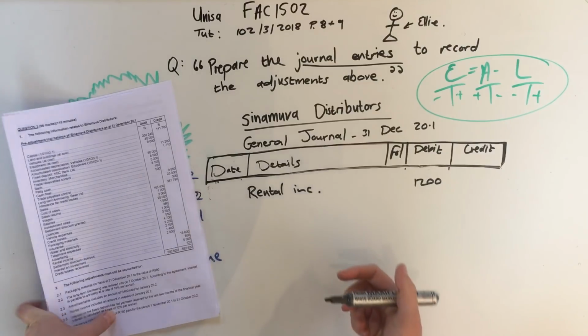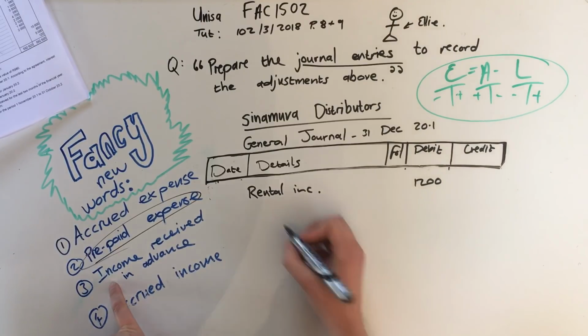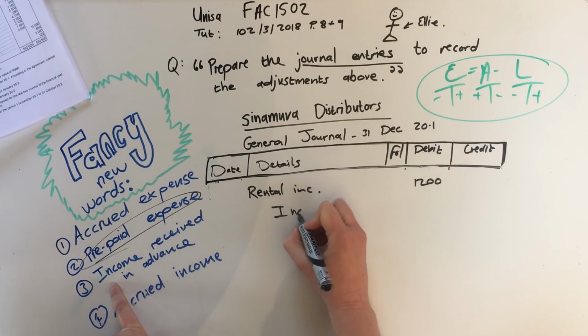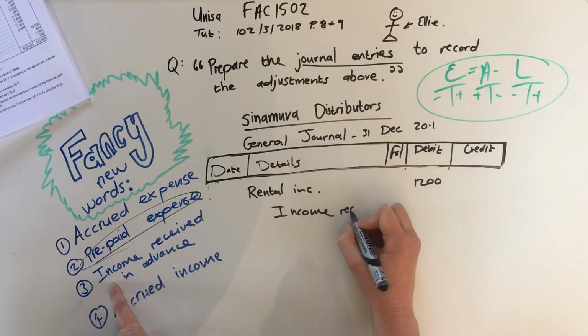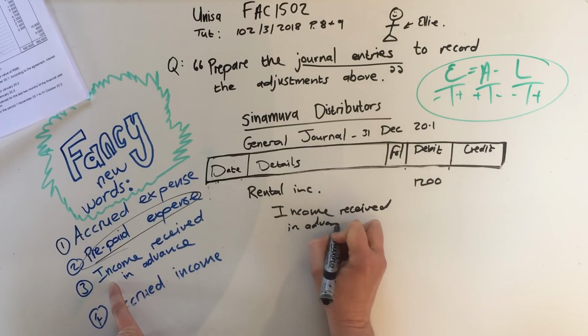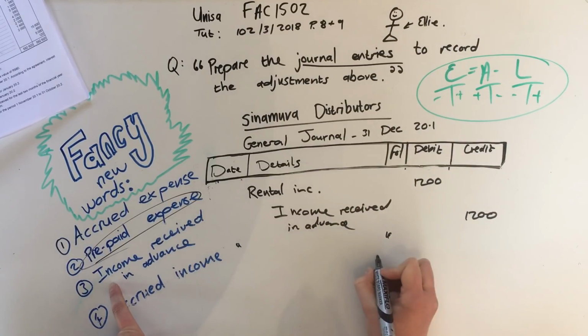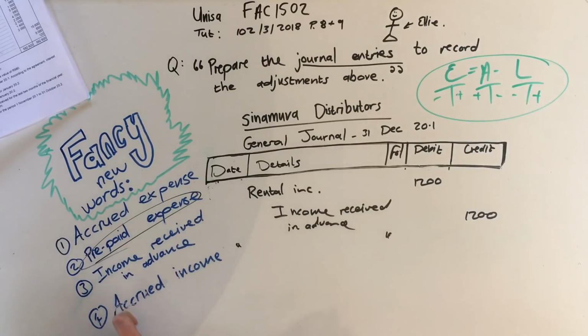And then the other one is one of these two. We have received it in advance, so we go for option 3. Income received in advance. Rental income for January received in advance. Rent received in advance or something like that. Great, guys, there's another mark.